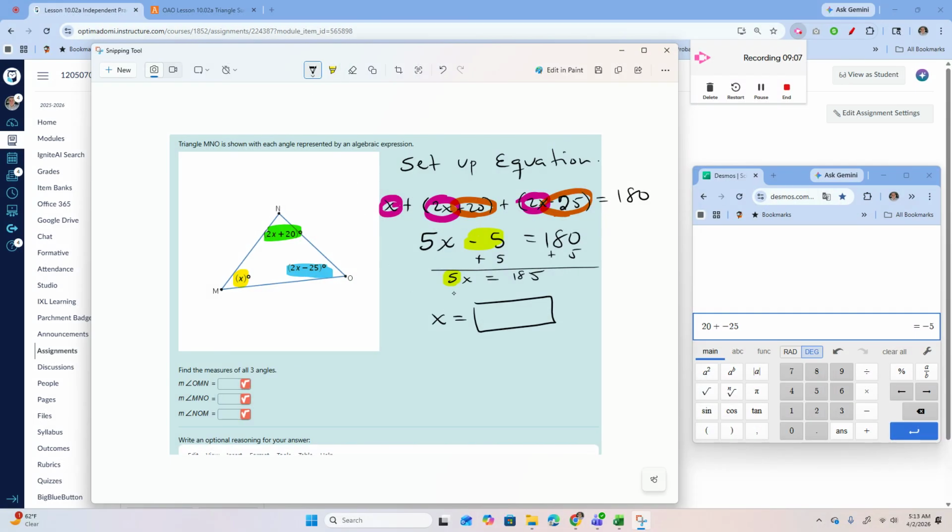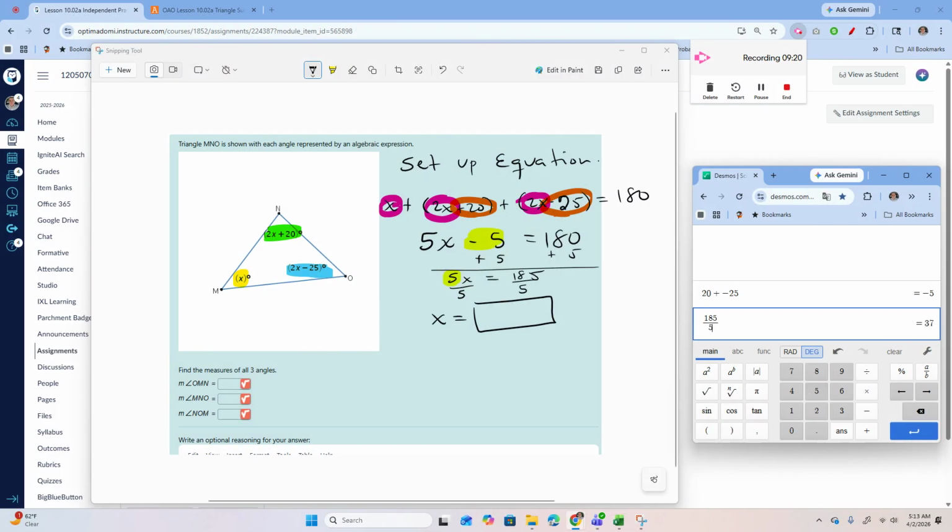What's the opposite of multiplying by 5? Oh, we're going to divide by 5 on both sides. Take your calculator and then 185 divided by 5. You can see that the x is 37. Okay, so the corner in yellow is 37.